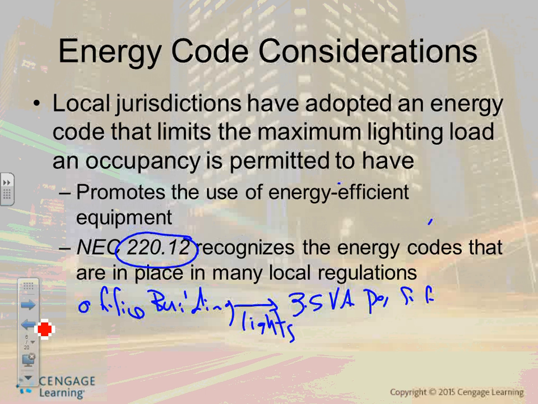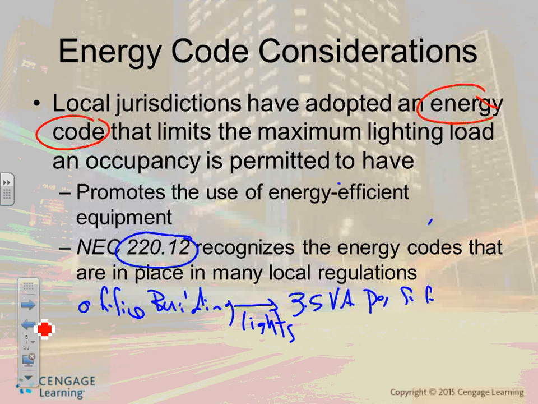Now, let's talk about the energy code. We adopted the energy code in Minnesota, guys. It requires you, number one, to meet certain volt amperes per square foot, and number two, to provide an auto means of disconnecting your lights.